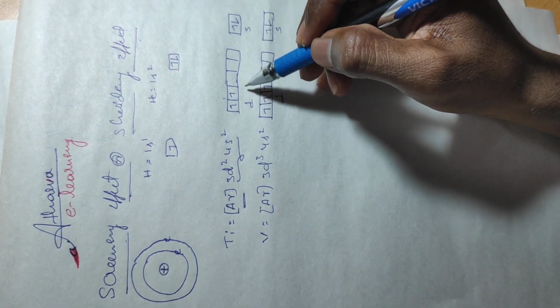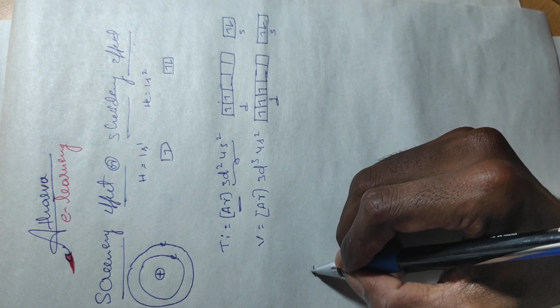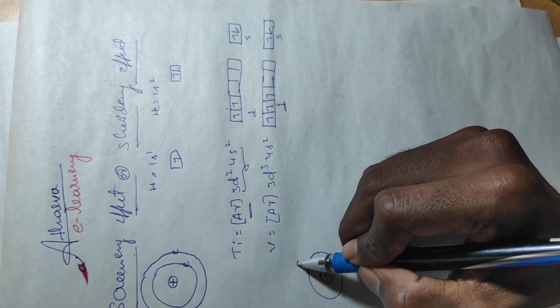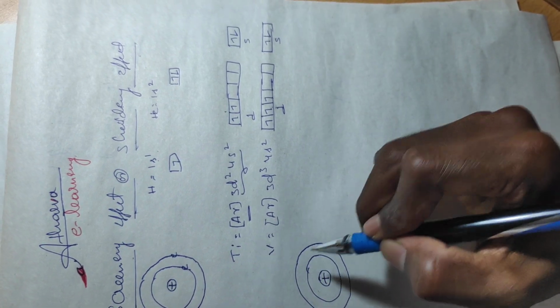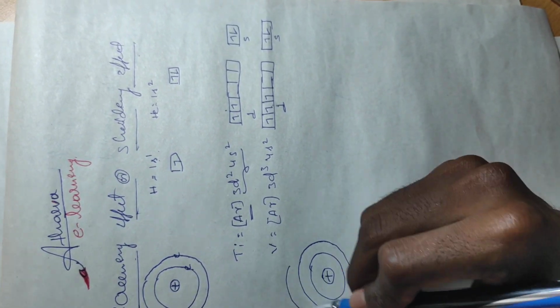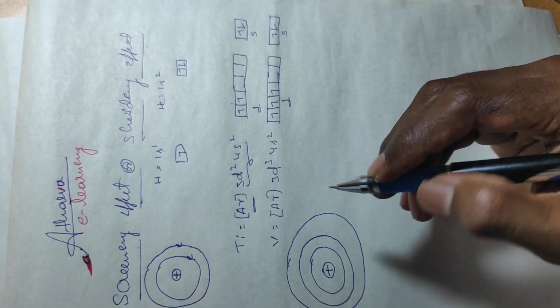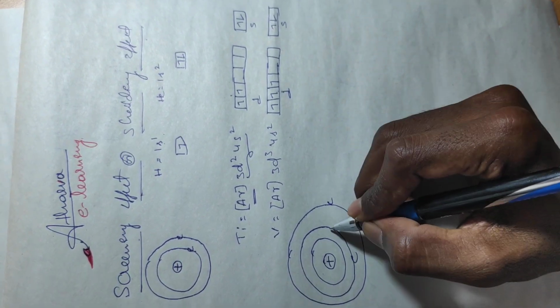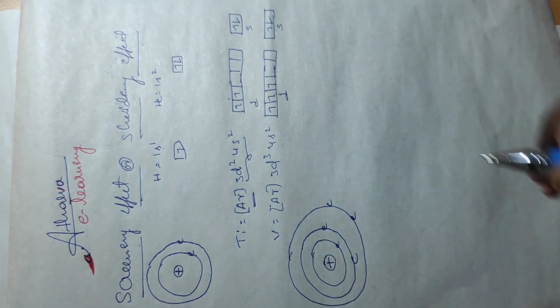Okay, so see here, generally an atom has many orbitals. Just imagine, here 3 orbitals are there. Here an electron is present, here also, here also, here also.